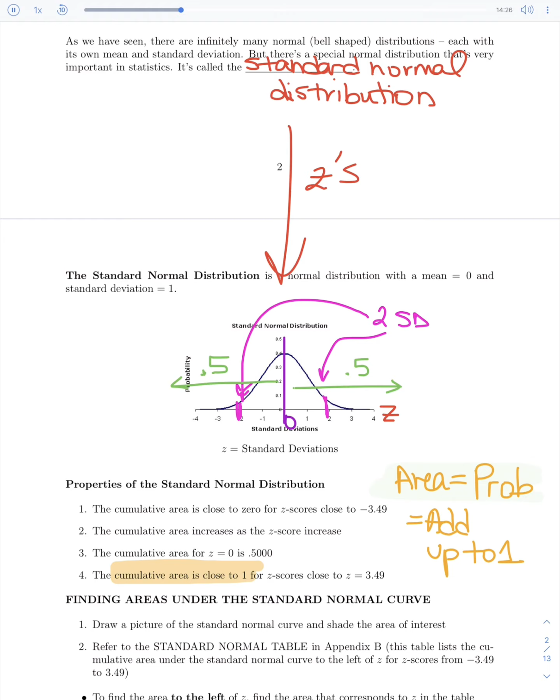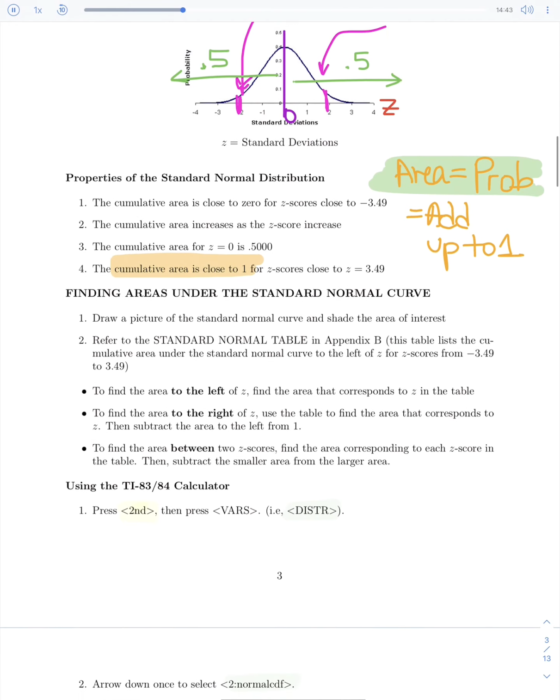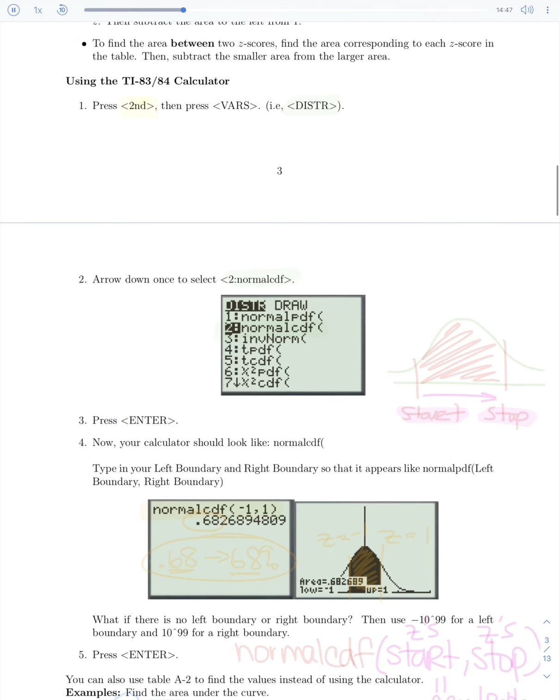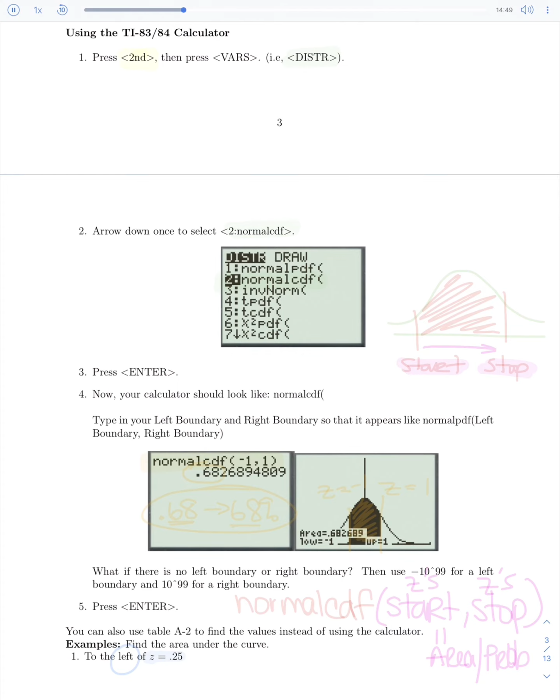So what we're going to be looking at is being given a Z value and finding an area or a probability. They'll mean the same thing. How are we going to do this? You can do it one of 2 ways. You can use your calculator, and last time when we did areas or probabilities using our calculator, we had a binomial distribution, so we did a binom PDF.